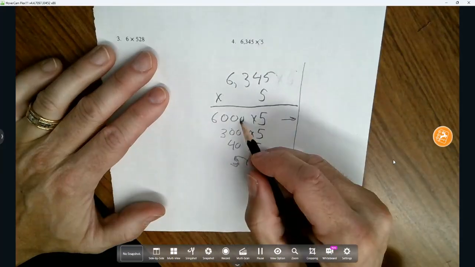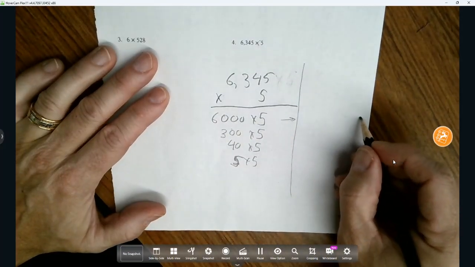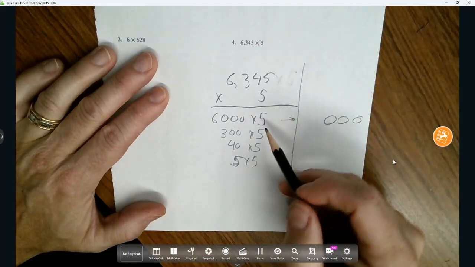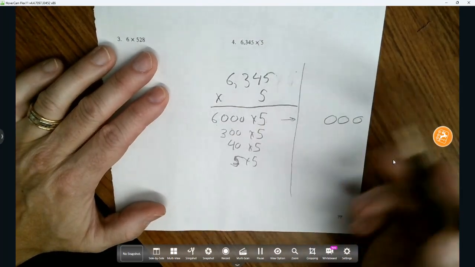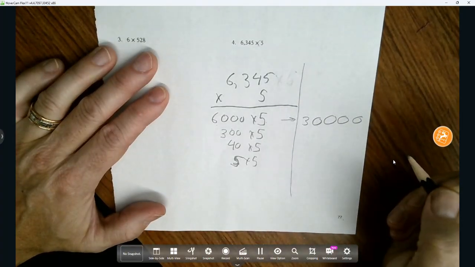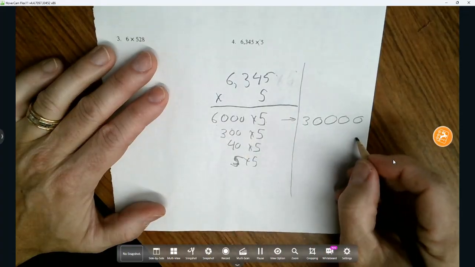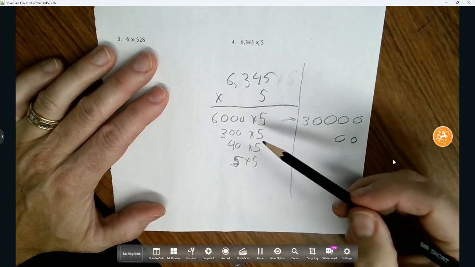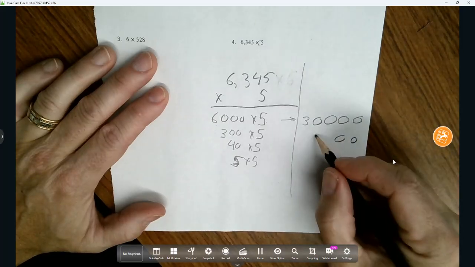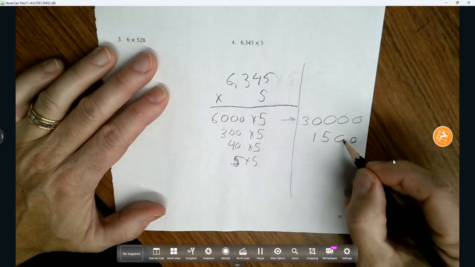All right, so I have a thousands, 1, 2, 3 zeros. So I have 5 times 6, which is 30. Now I have 2 zeros. And I have 5 times 3, which is 15, correct.